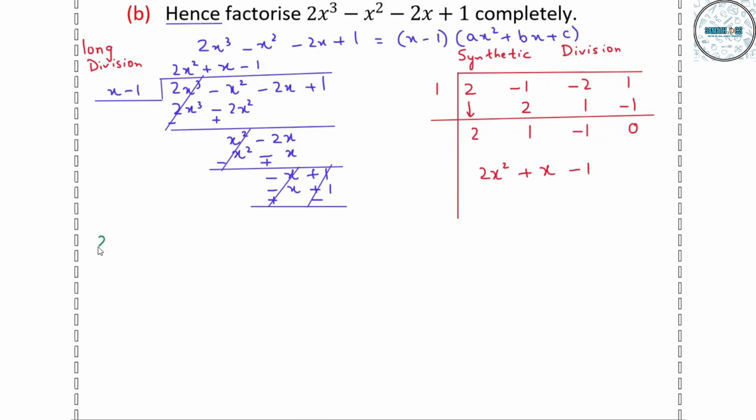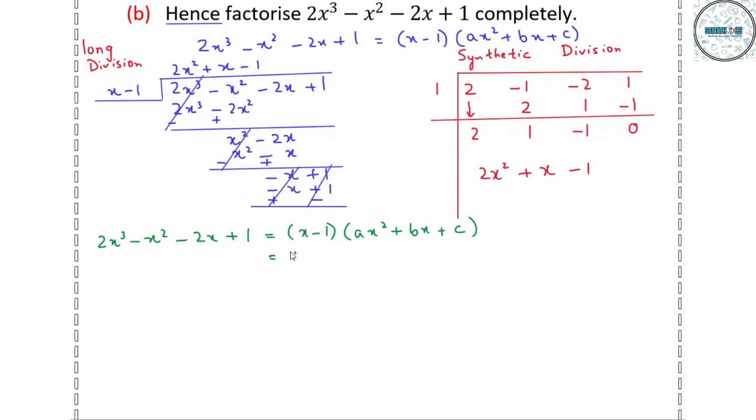In the third method, we write 2x cubed minus x squared minus 2x plus 1 is equal to x minus 1 times ax squared plus bx plus c. We will multiply this by this.